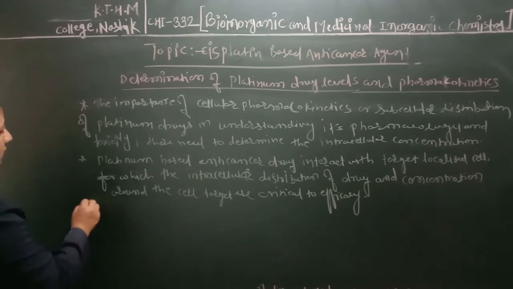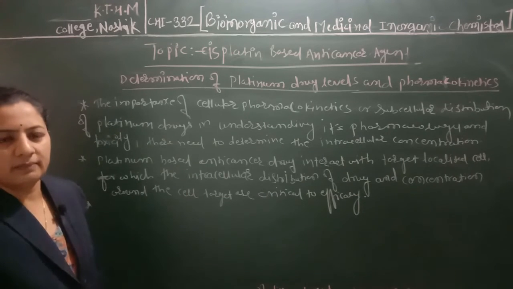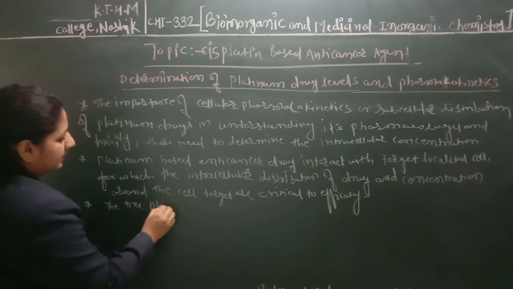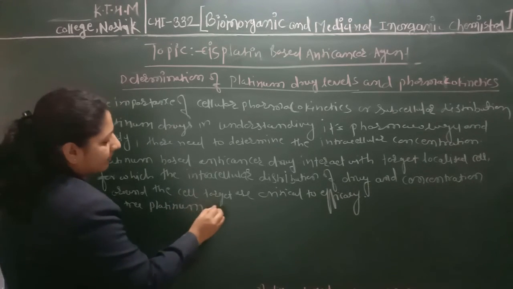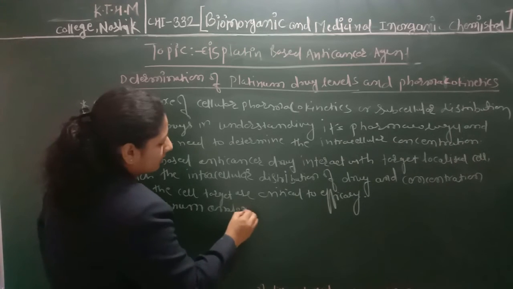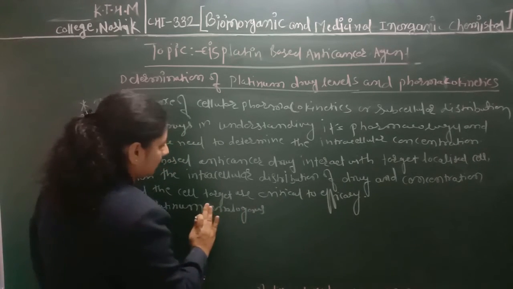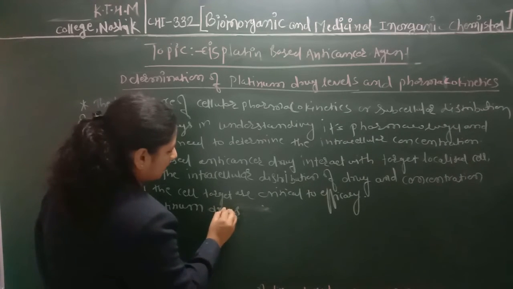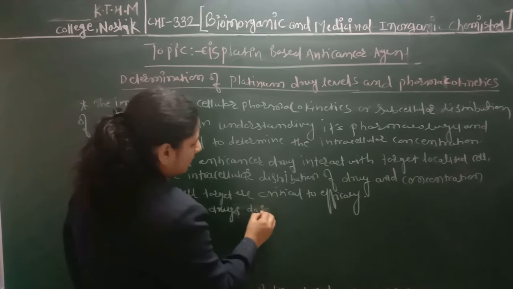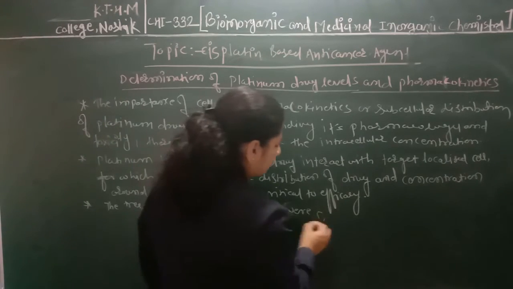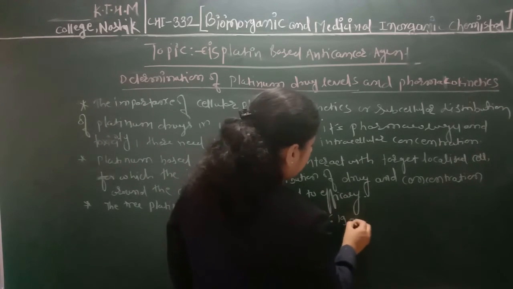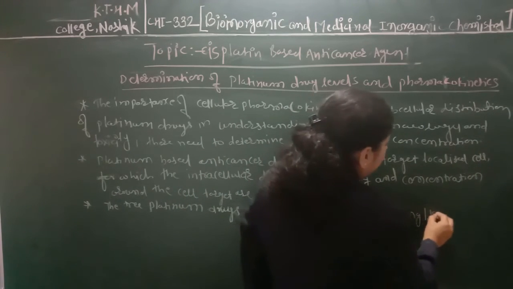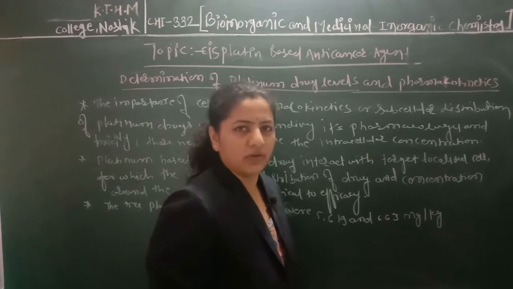Now, what are the levels of these three platinum analogs? The platinum drug doses are 6.19 and 6.63 milligram per kg of the individuals.